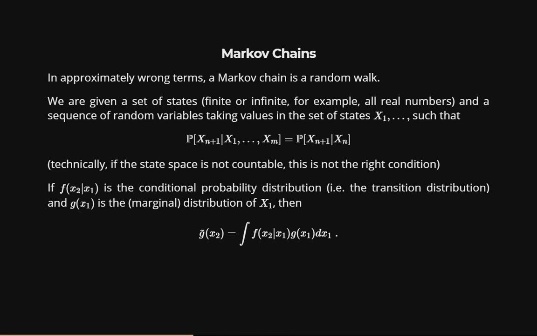And G is the marginal distribution of the random variable x1. Then the marginal distribution of the random variable x2 will be the integral of f times g in x1. If G tilde is equal to G, then G is what is called the invariant distribution for the Markov chain.